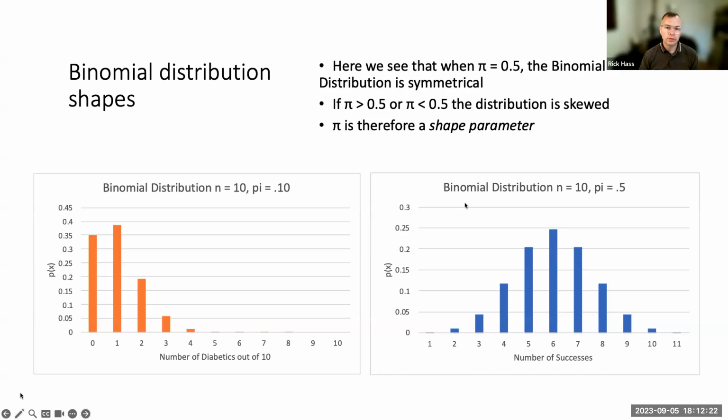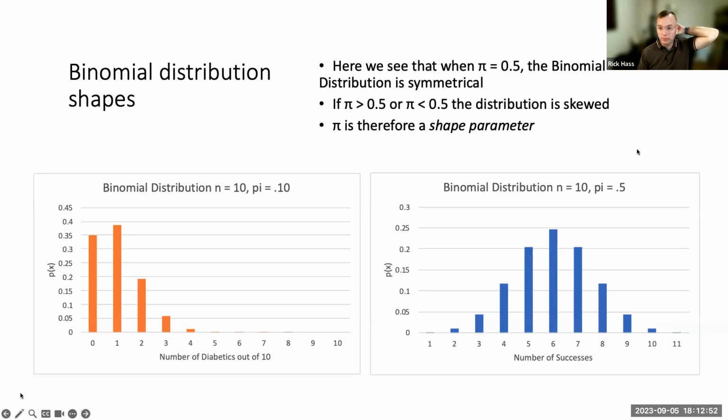So the binomial distribution, this is important: it is symmetrical if pi, the probability of the event happening on any single trial, is 0.5. For any other value of pi or p, the distribution is going to be skewed. Low p's mean a right positive skew, high p's mean a left negative skew.